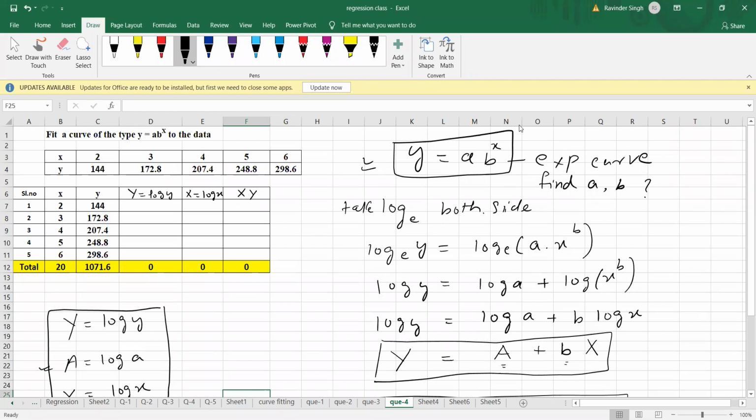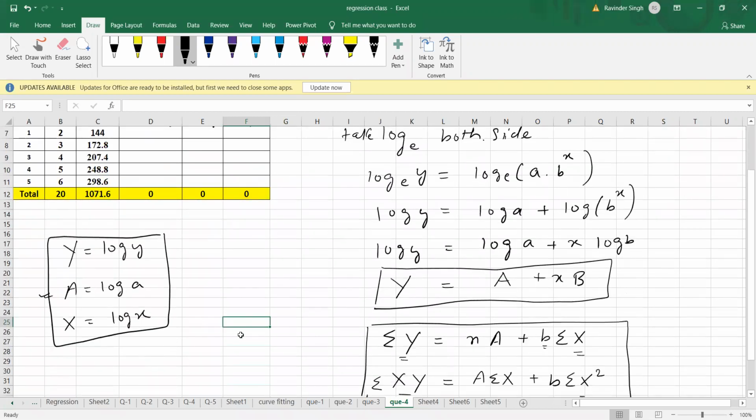So this will be log A and log B power of X, so this will be X here and log B here. So this will be capital Y, capital A, and small x into capital B.